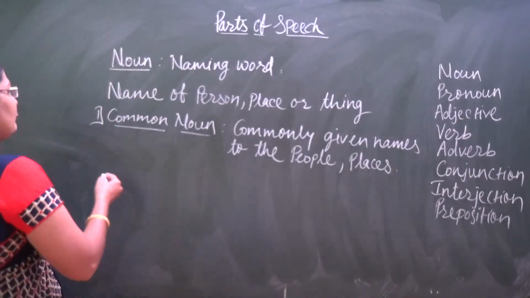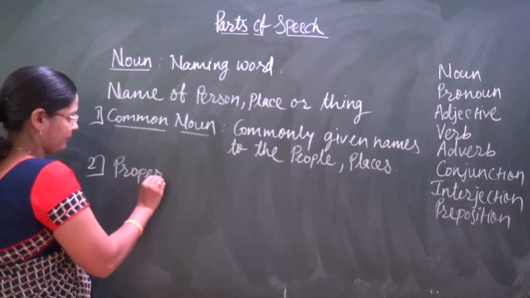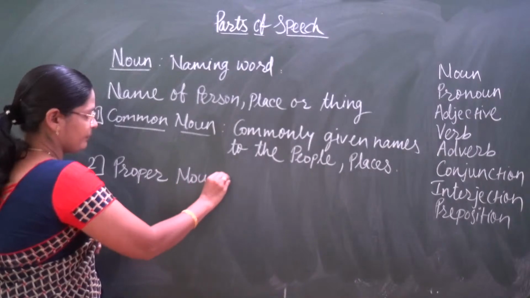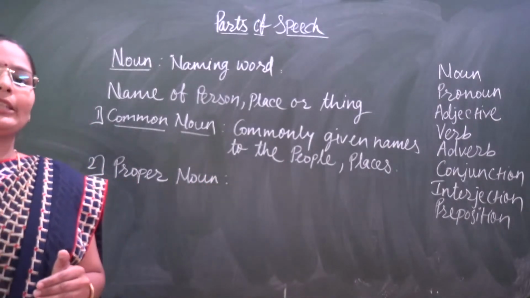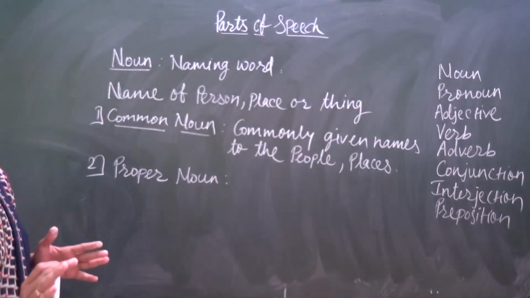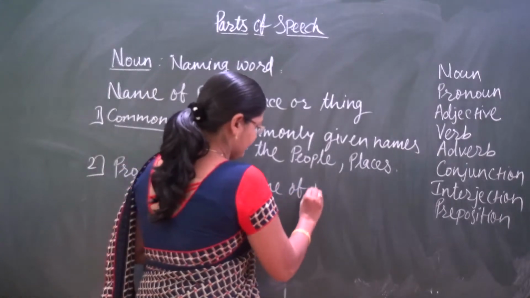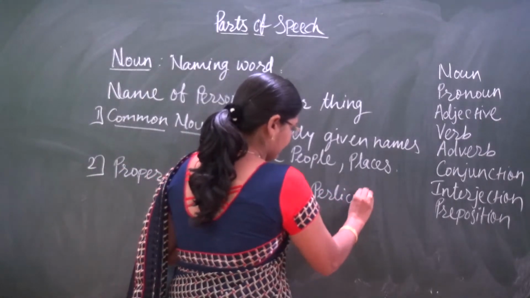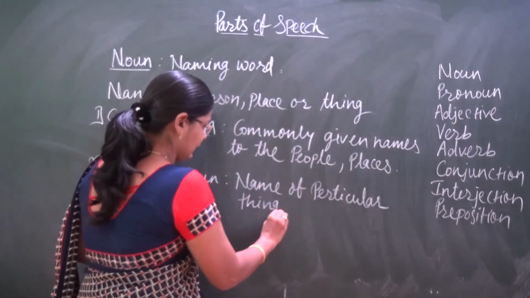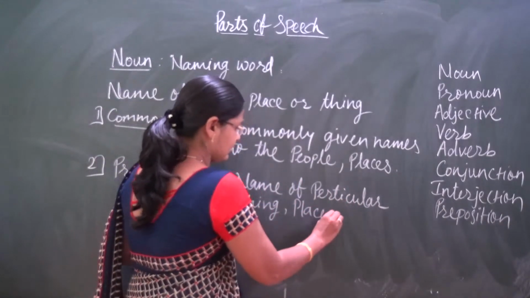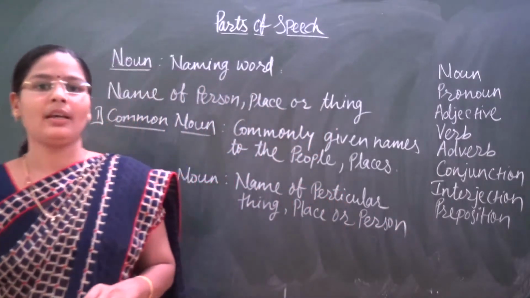The second type of noun is the proper noun. Proper noun is a name given to a particular thing, particular place, or particular person. Name of a particular thing, place, or person is a proper noun.